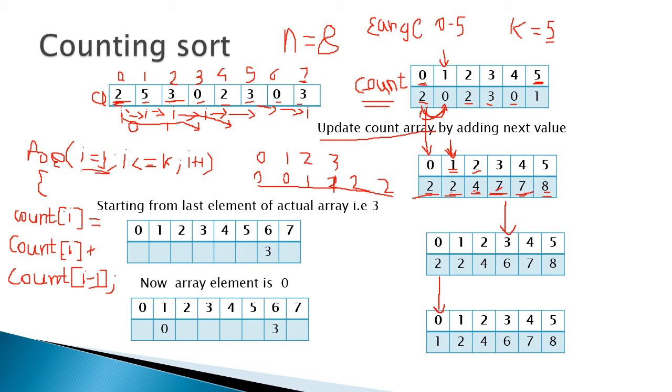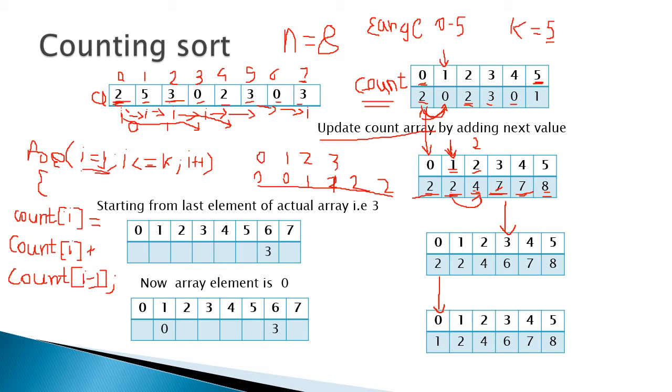Next when i plus plus, at that time the i value is 2, means a of 2. The value of a of 2 is 2, plus the previous value, that is i minus 1, that is 2 minus 1, 1. The previous value is 2, that is here we get 4.